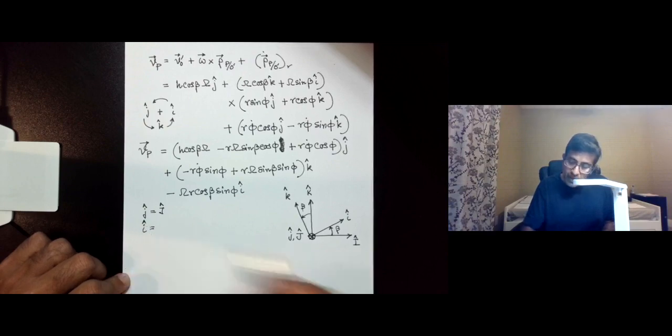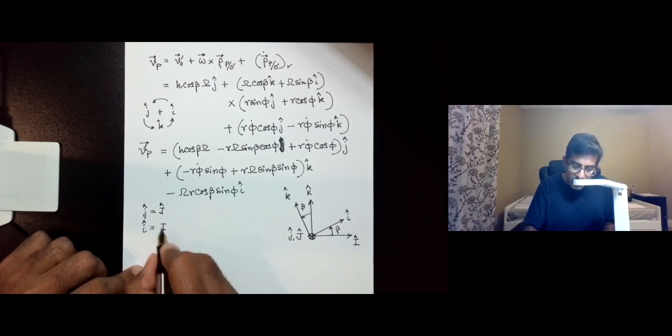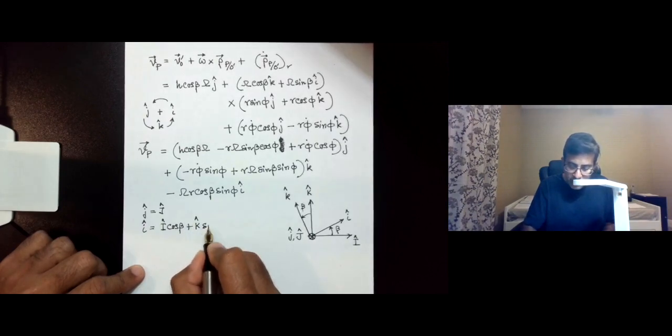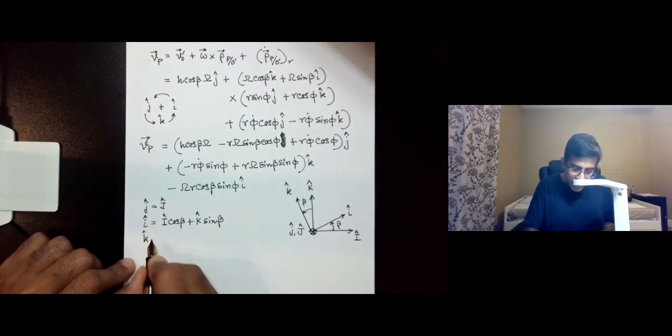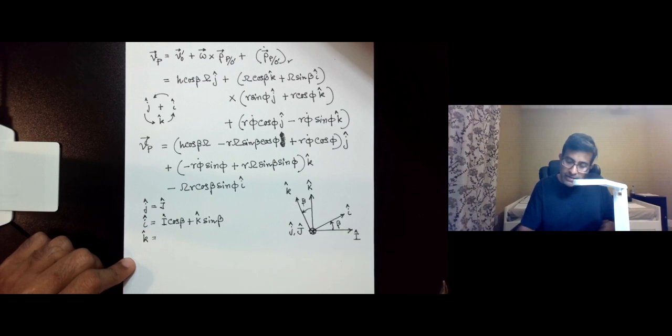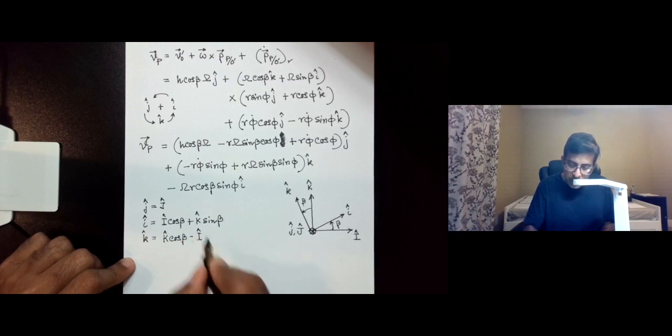Small i can be found quite easily if you take this capital I and project it, and if you take this capital K and project it on the i direction, then small i is capital I cosine beta plus capital K sine beta, and then small k is found by similarly projecting the capital K onto small k and then capital I onto small k. So it's going to be capital K cosine beta minus capital I sine beta.